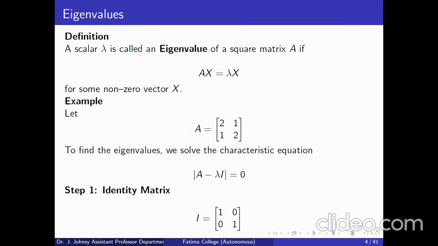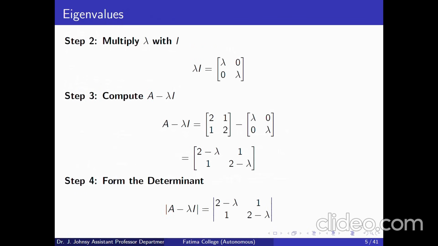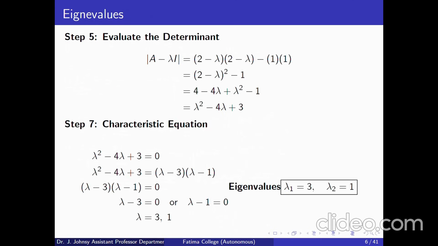We first write the identity matrix and multiply it by lambda and then compute the matrix A minus lambda I. After forming the determinant and simplifying, we obtain the characteristic equation lambda square minus 4 lambda plus 3 equal to 0. Solving this equation gives the eigenvalues 3 and 1.